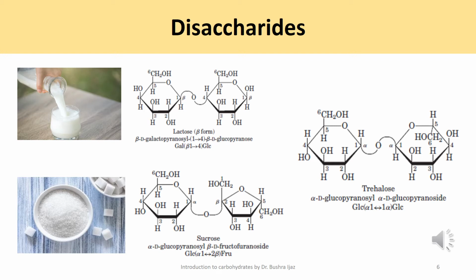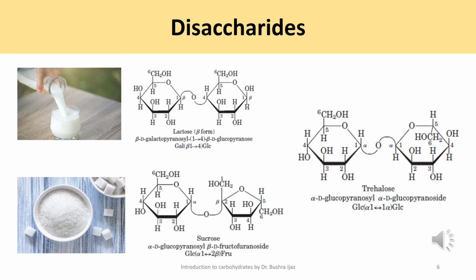Then we have another common and important disaccharide called trehalose. Trehalose is derived from a Turkish word, trehala, which means a sugar derived from the cocoons of insects. Trehalose consists of two molecules of glucose. It is also known as mycose, or tremulose.